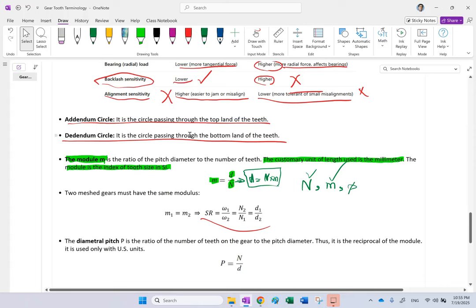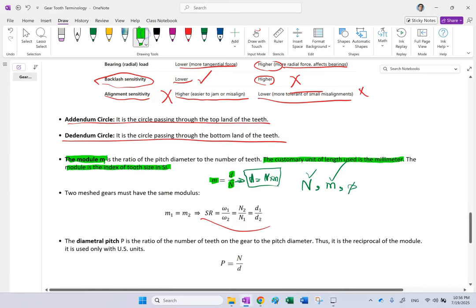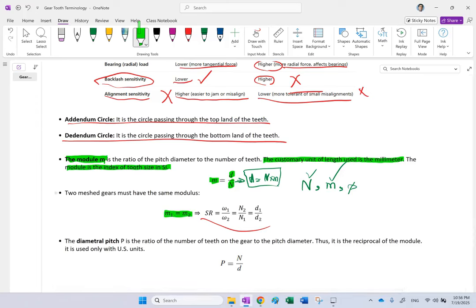Now, what's so important about this gear modulus? Why is it so important? Why couldn't I give you the diameter of the pitch circle directly, rather than you having to find it through this formula? The reason is this: if I want to engage two gears together, something about these two gears has to be the same. Guess what? Their moduli. The modulus of gear 1 and the modulus of gear 2 should be equal, otherwise you cannot mesh the gears.